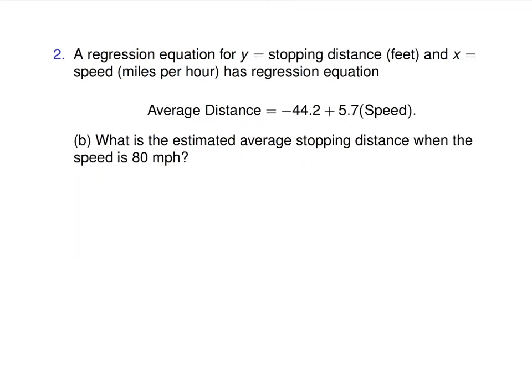What is the estimated or average stopping distance when the speed is 80 miles per hour? We'll just plug that 80 in for the x. Y hat is minus 44.2 plus 5.7 times 80. And that works out to be 411.8 feet.